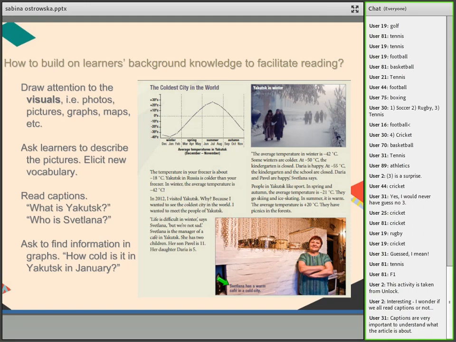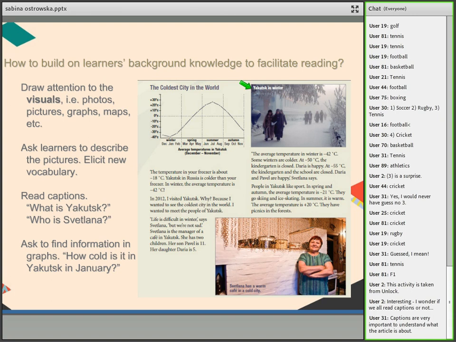Like here we have Svetlana and we have Yakutsk. So this is one way to keep on drawing students' attention to Yakutsk is a name. For example, in my experience, in the teaching reading class, students would often point to the name of a person like Carla or Mark and ask me what this word means.